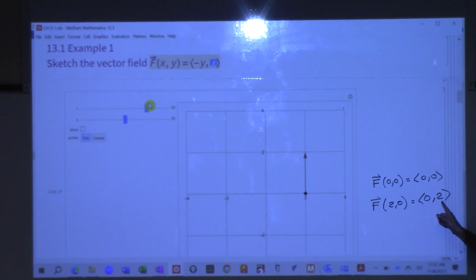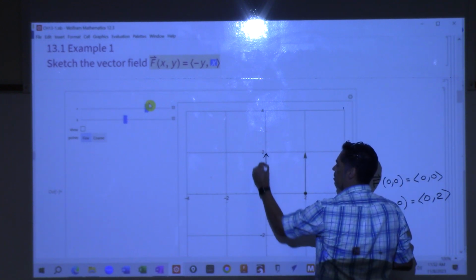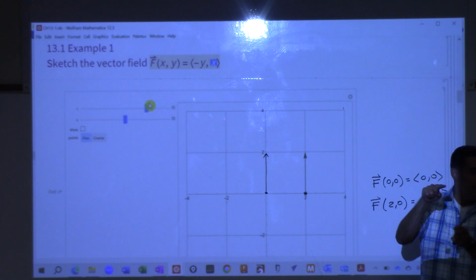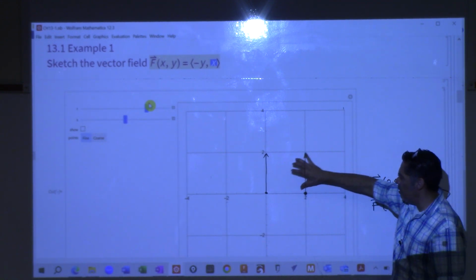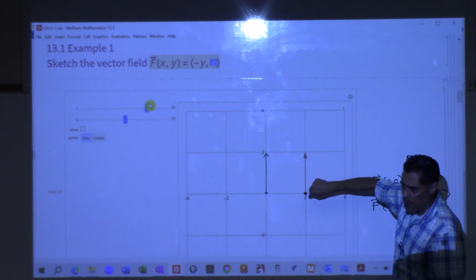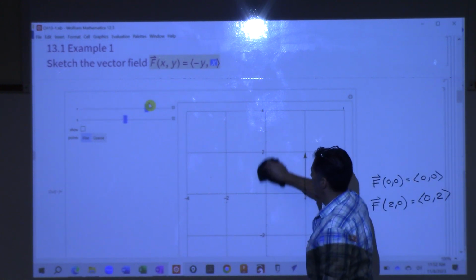Now, when we say the vector 0, 2, that means the x component's 0, the y component's 2. So you could have drawn that vector here, couldn't you? Because vectors can move around. But it's associated with this point. So we move the tail of it to that point so that we can associate it with that point. All right? Yes?